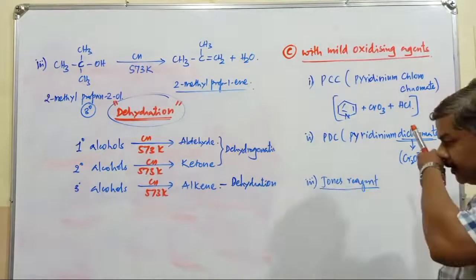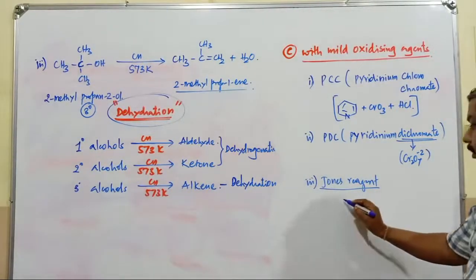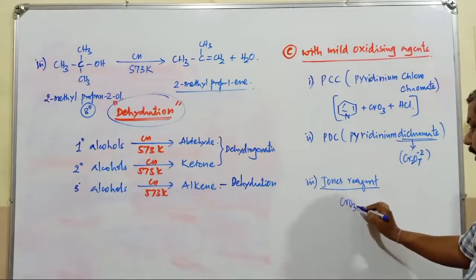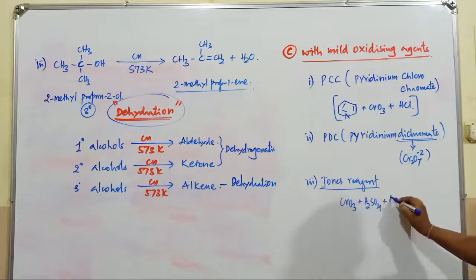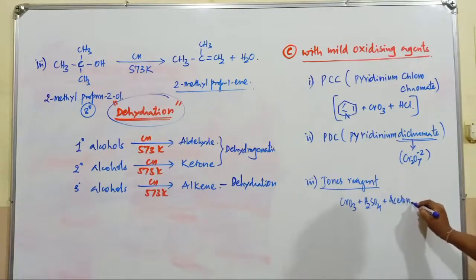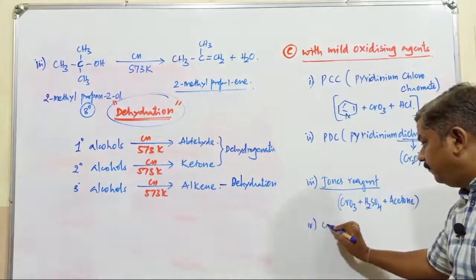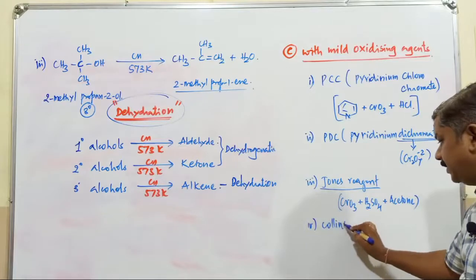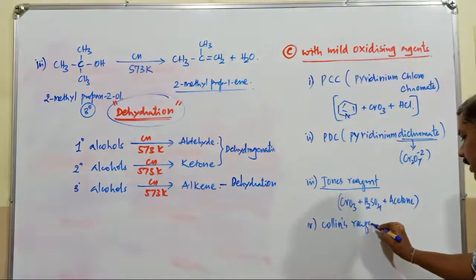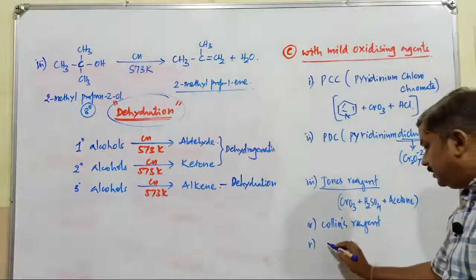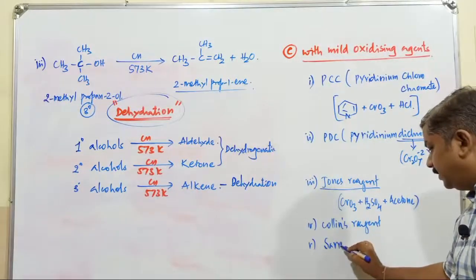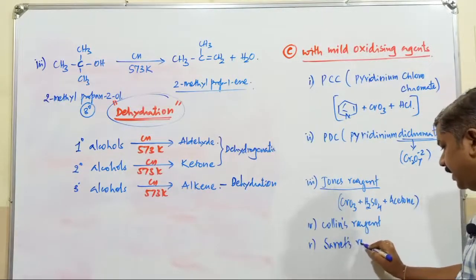Jones reagent is CrO3 plus H2SO4 plus acetone as a solvent. Number 4, it is Collins reagent. Number 5, it is Sarett's reagent.